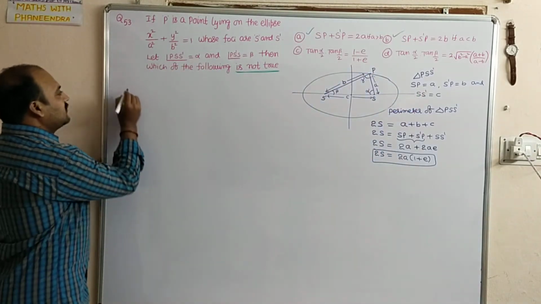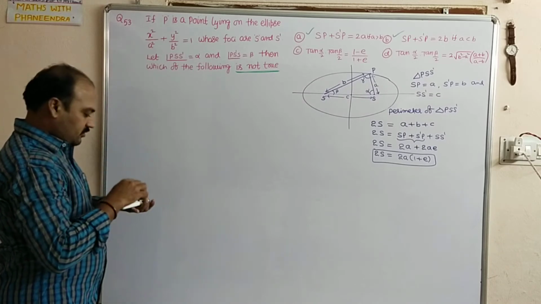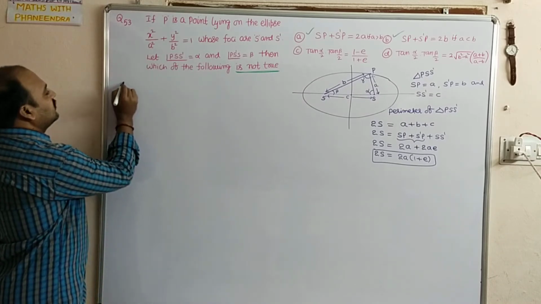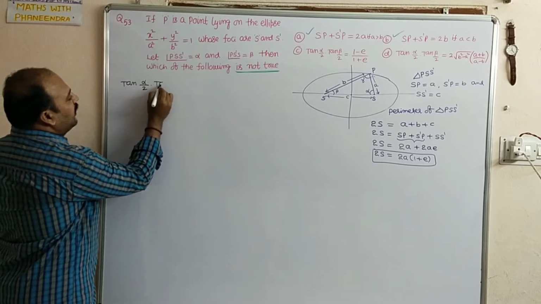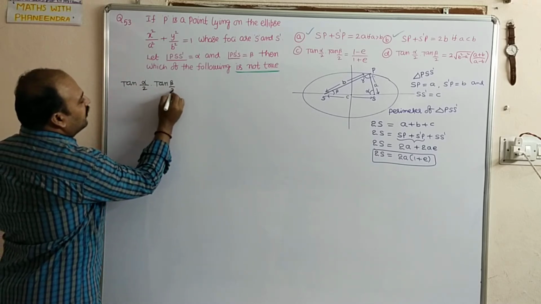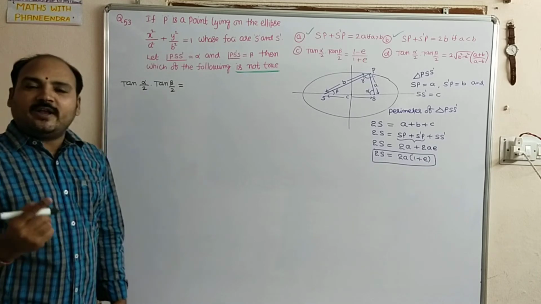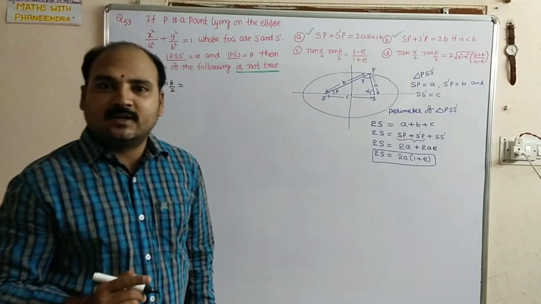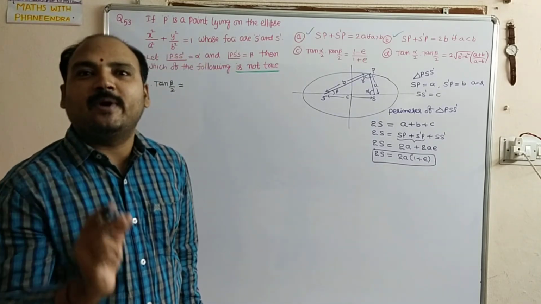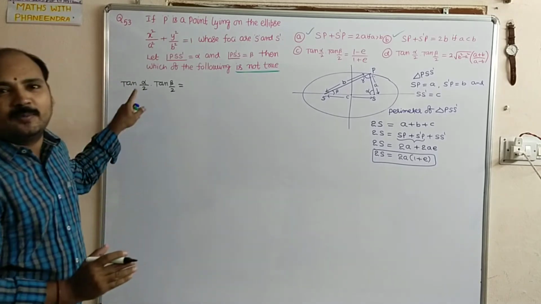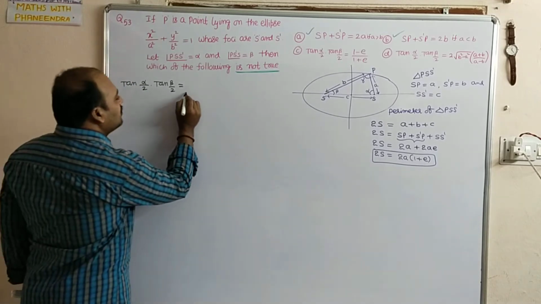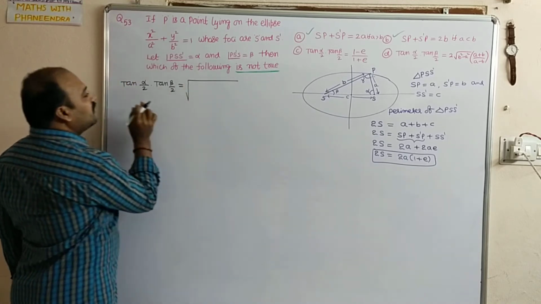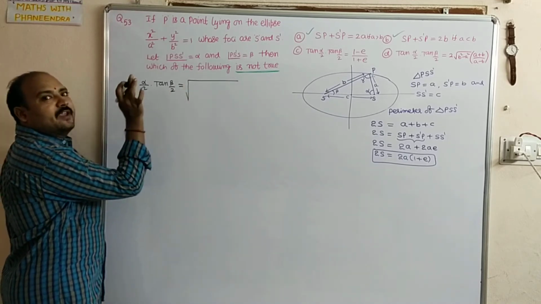So now consider tan alpha by 2 into tan beta by 2. We know that in properties of triangles, tan A by 2, tan B by 2, that formula only I am writing. In place of alpha, beta, A comma B will be there, angles. Tan alpha by 2 means tan A by 2.